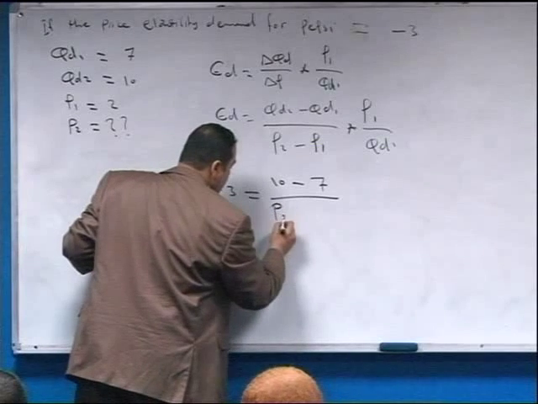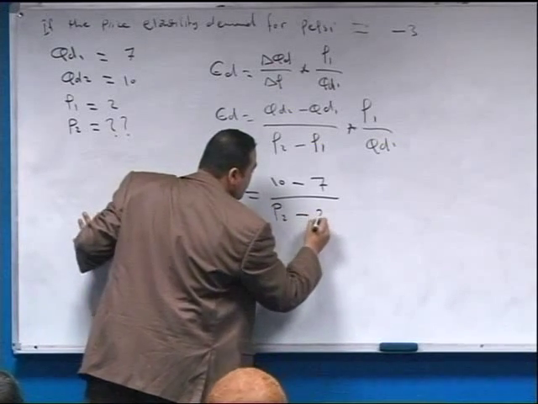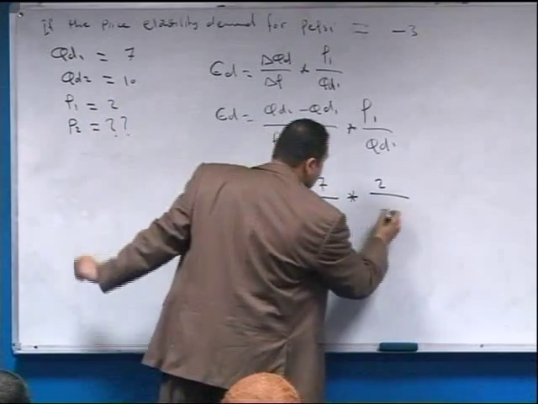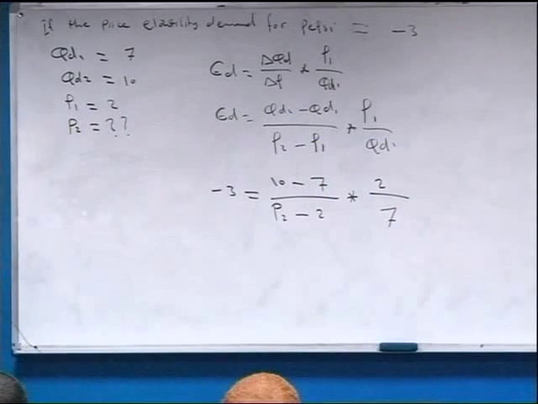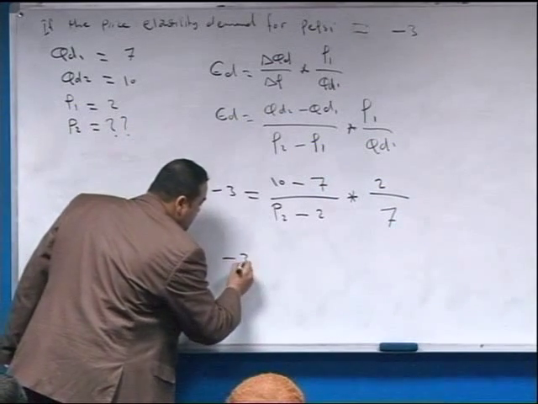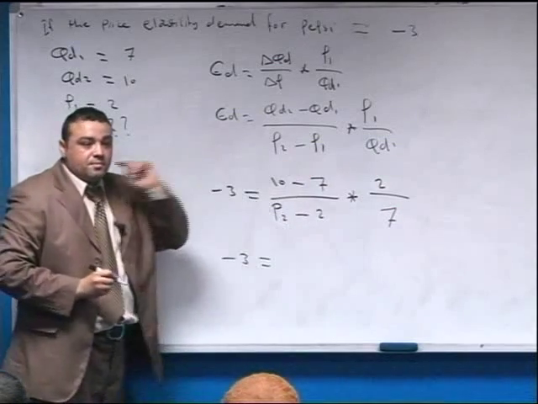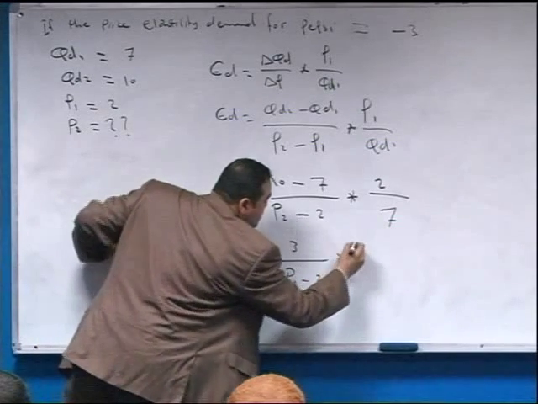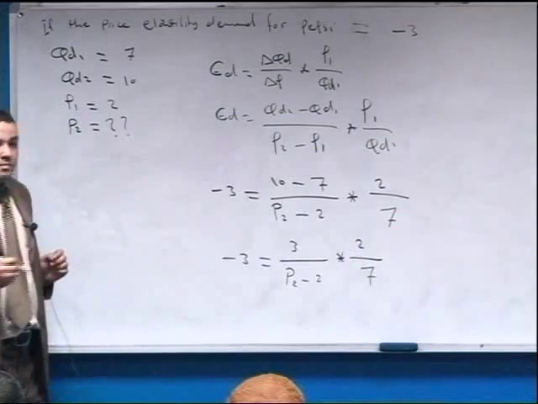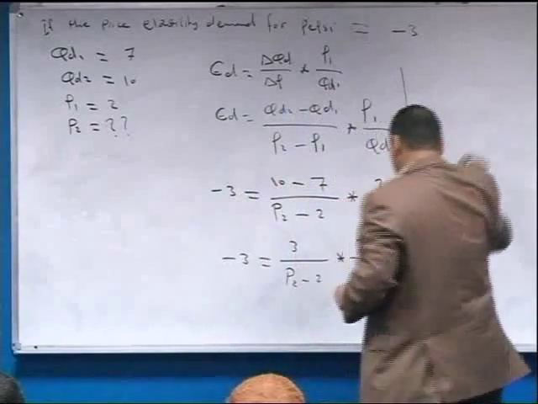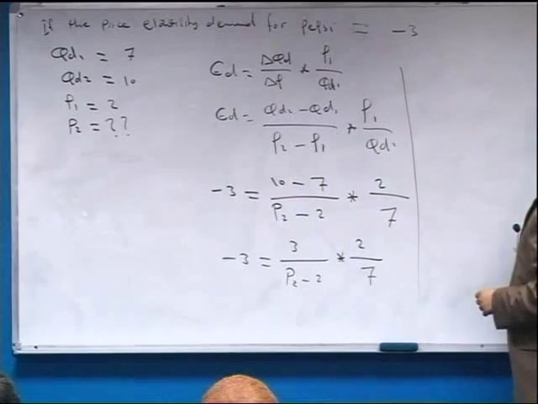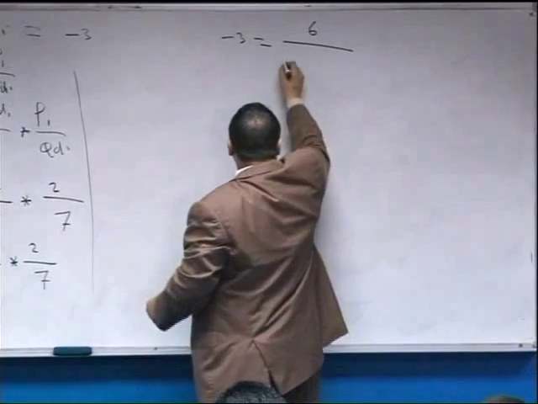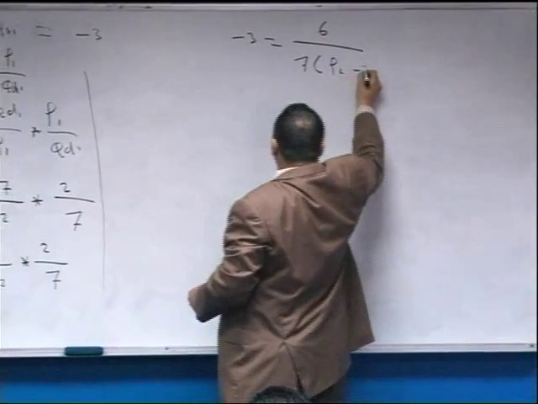P2 is unknown. Times P1, 2, over QD1, 7. Right? Okay. So -3 equals 10 minus 7, 3, over P2 minus 2 times 2 over 7. -3 equals 3 times 2, 6, over 7 times P2 minus 2.